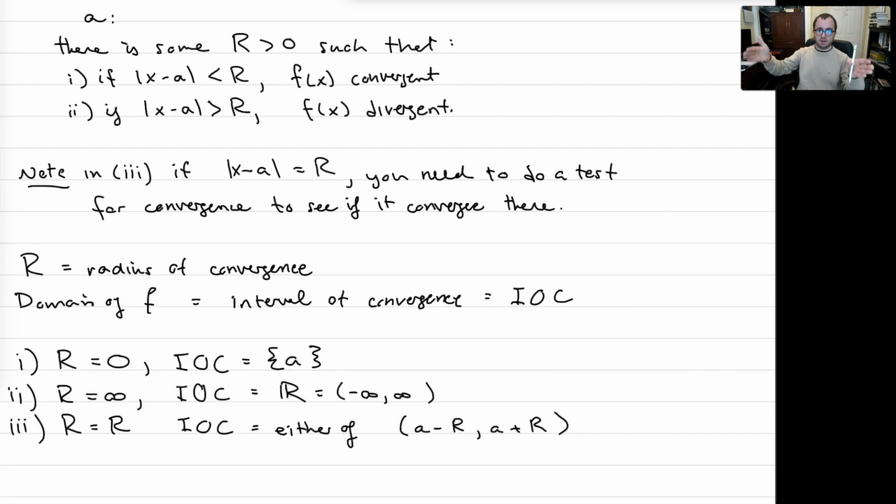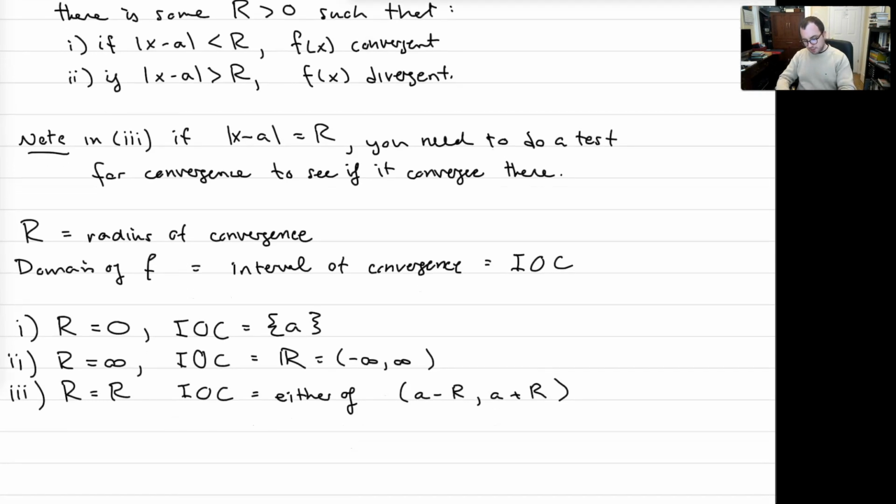That's going to capture all the convergent values. But it's also possible that the endpoints are convergent. Remember, part 3 doesn't tell you anything about when |x - a| is equal to r. And it's possible that only one of the 2 endpoints is convergent, and the other one is not, and either of them could be it.